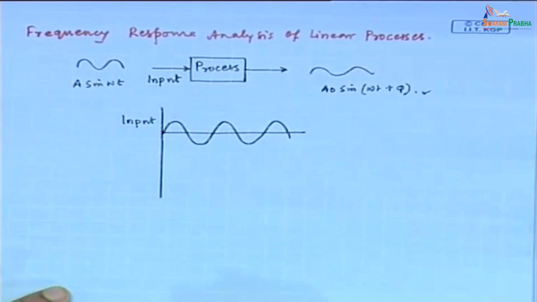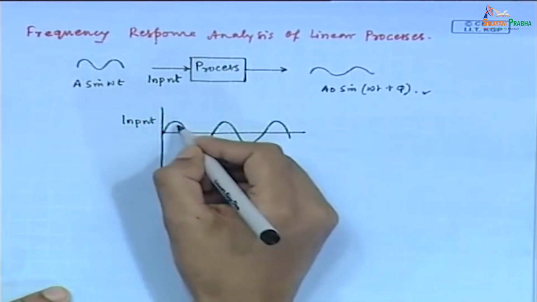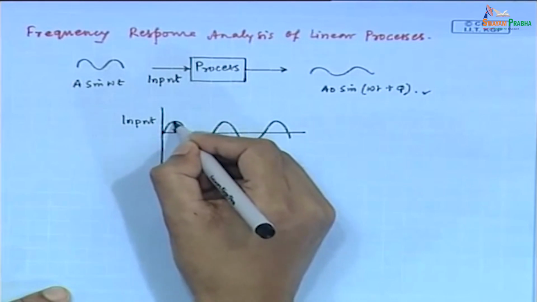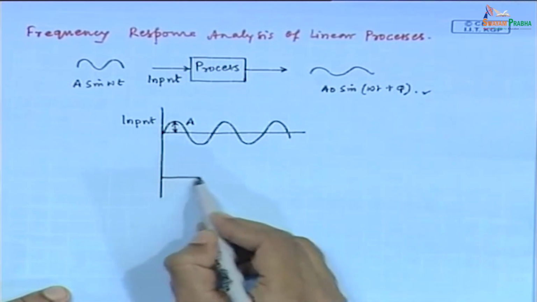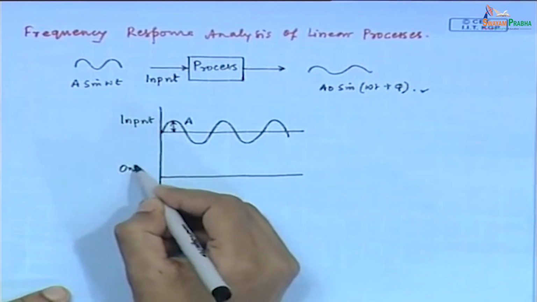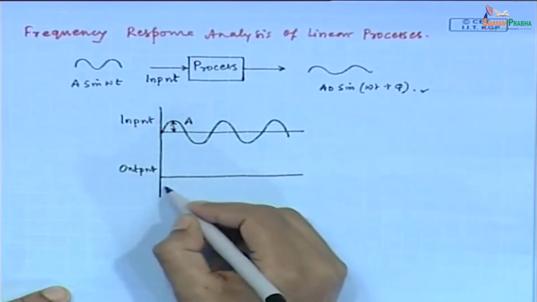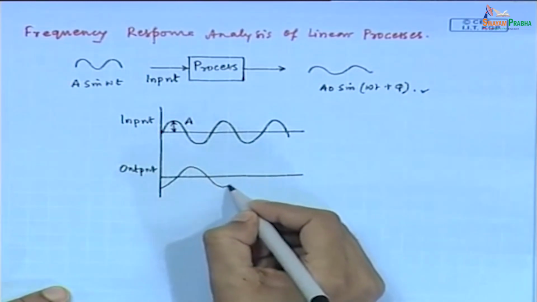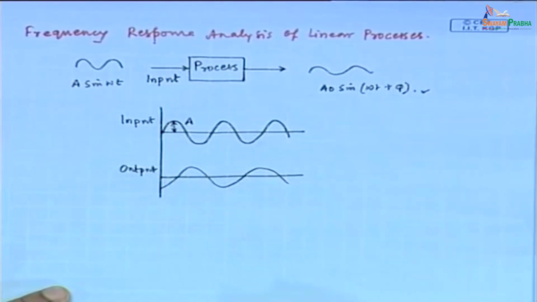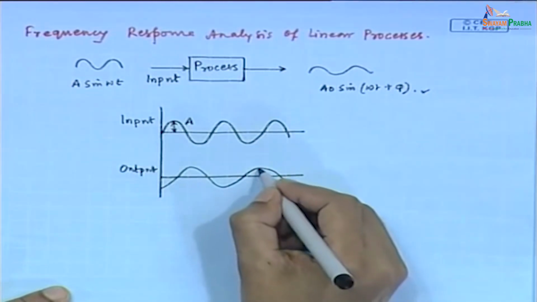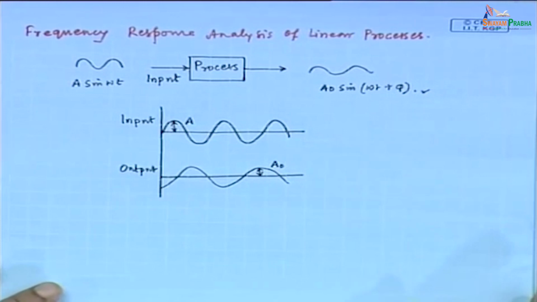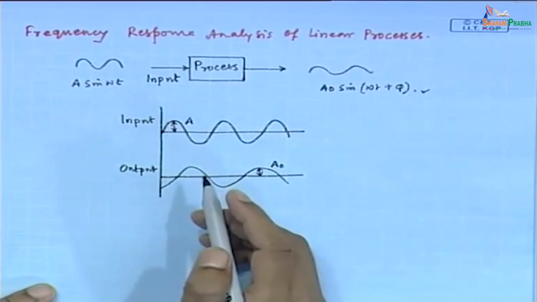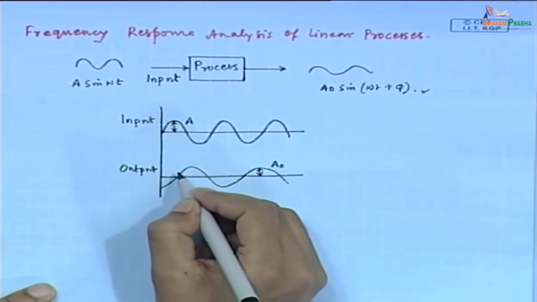So, this is the input which has the amplitude A. This is the output which has the amplitude A naught, and this output is out of phase by phi degrees or radians.